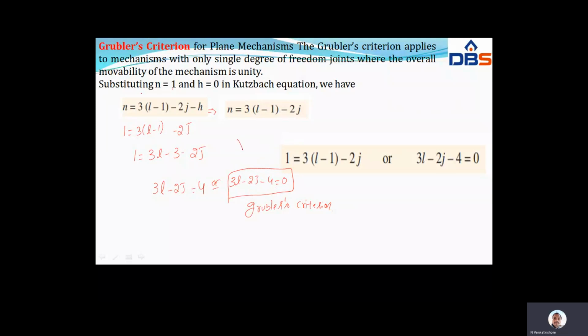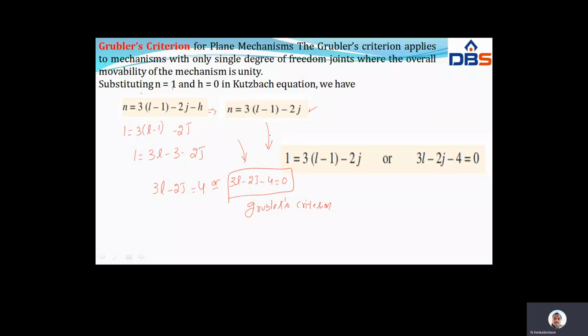That is the Kutzbach equation. When the Kutzbach equation is having only a single degree of freedom, this becomes Grubler's criteria.